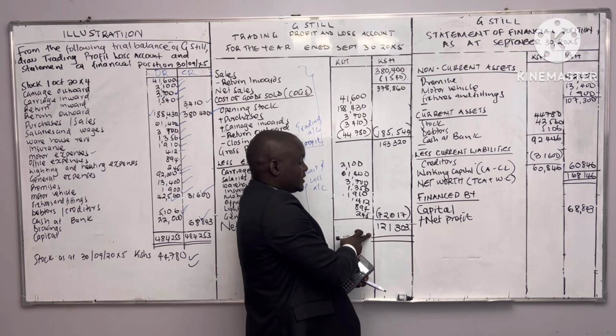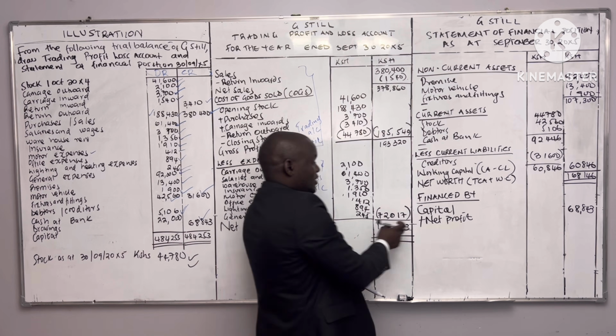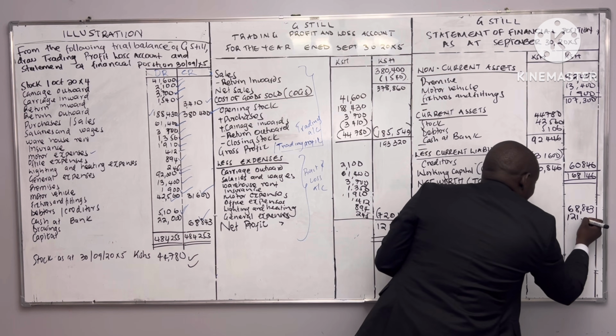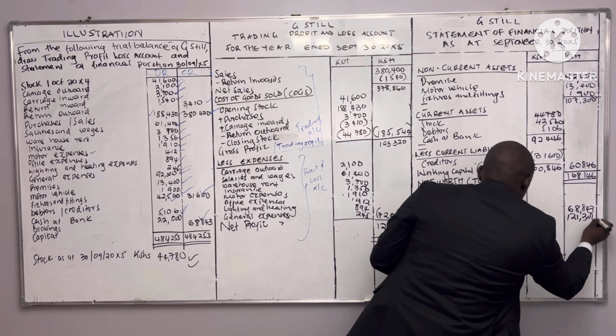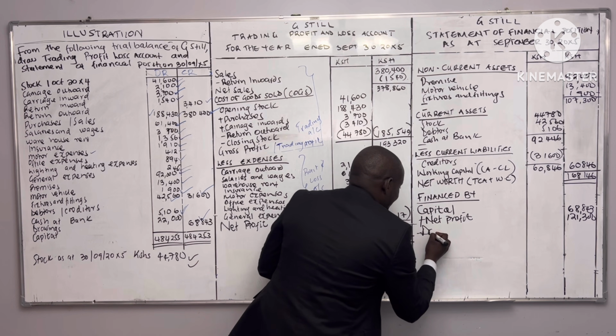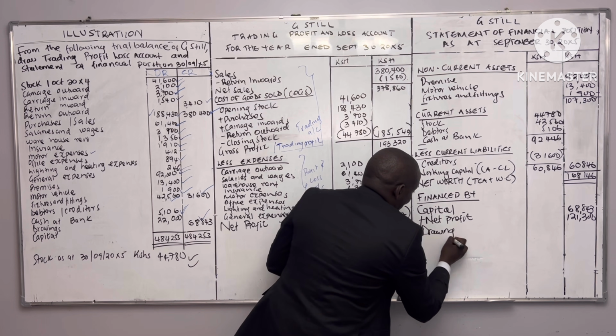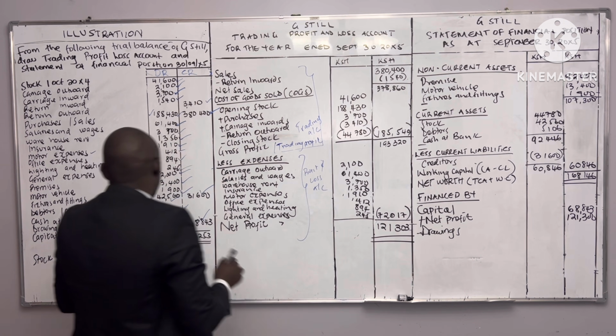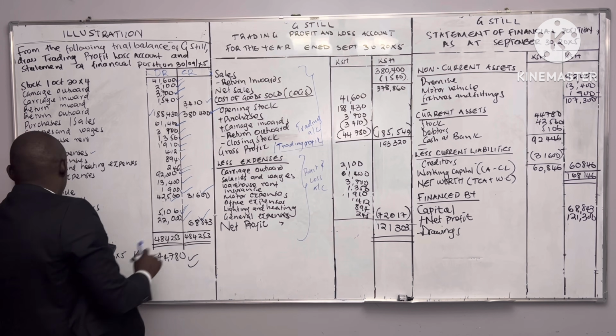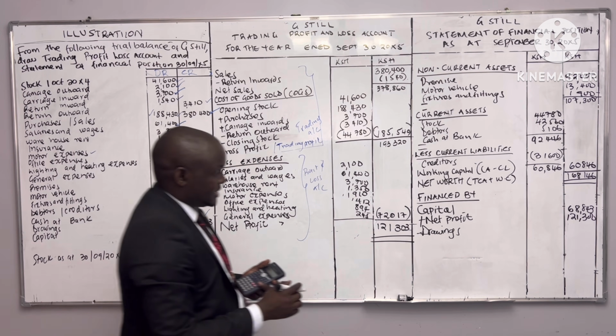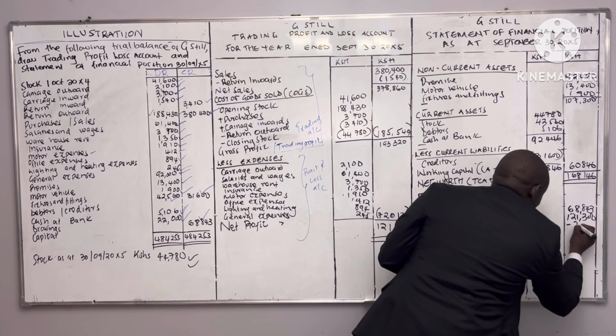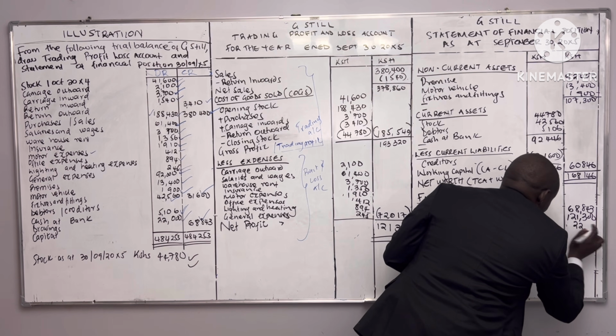This one we extract from the income statement, 121,303. Then we minus drawings. Drawings are here in the income statement, 22,000. We minus 22,000.